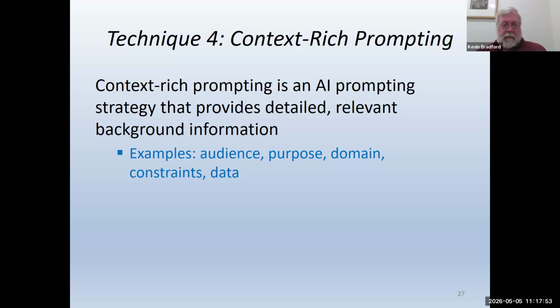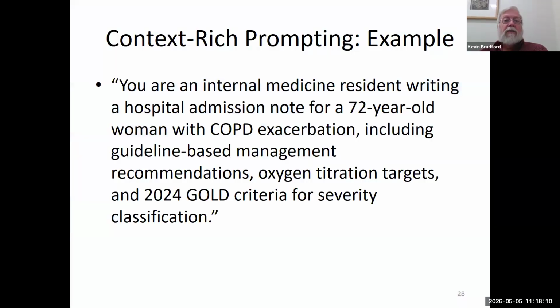So, in terms of summarizing that, it provides background, which also helps to tailor your responses. Without it, your outputs are going to be fairly generic and unsatisfactory. So here's an example of context-rich prompting.